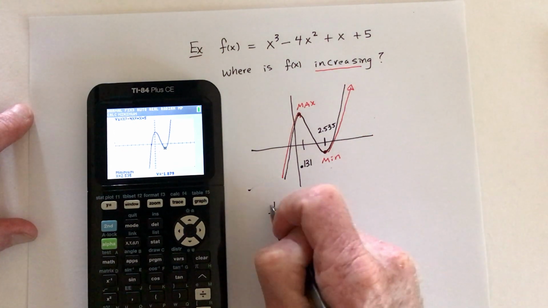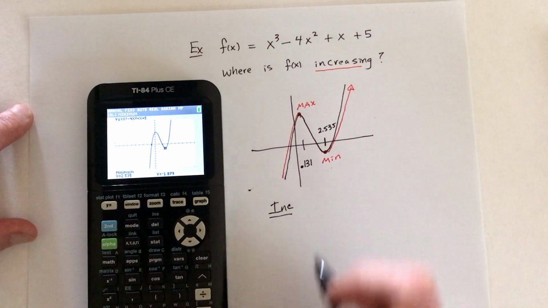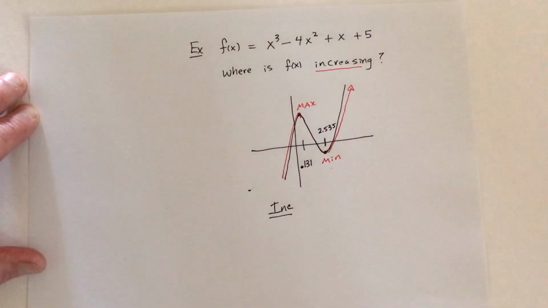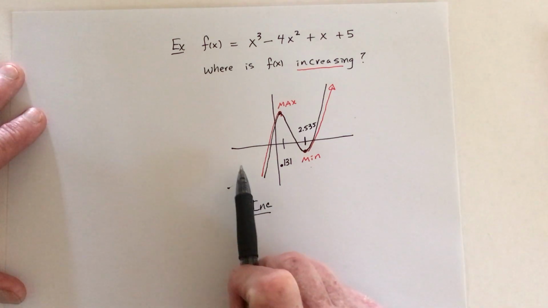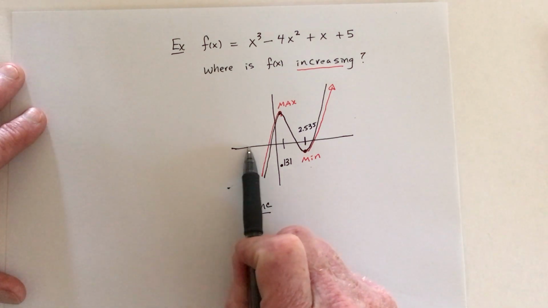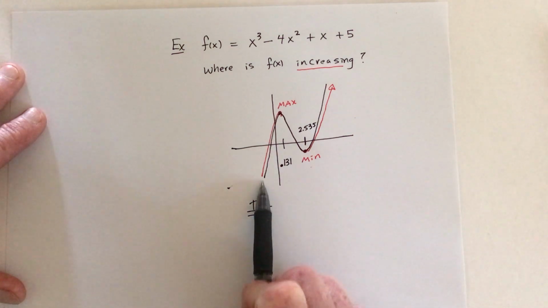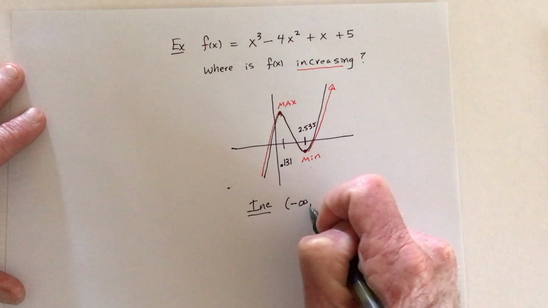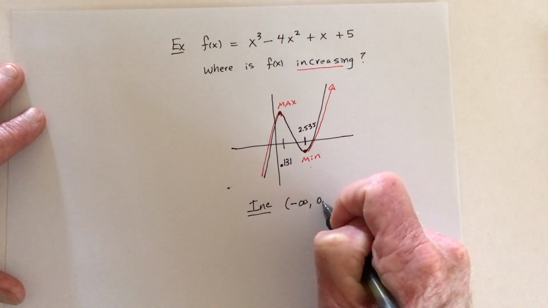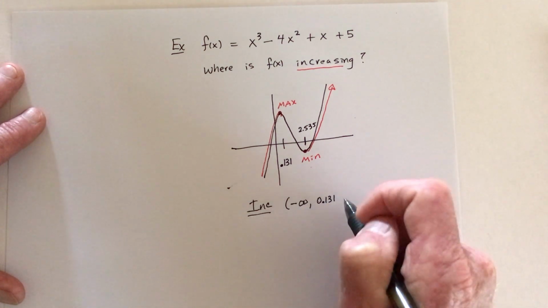So for increasing, that's the left side. So when x goes from negative infinity until it gets to right here, then the graph has been going up. So from negative infinity to 0.131.